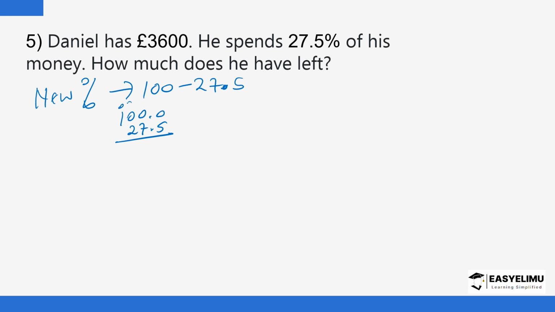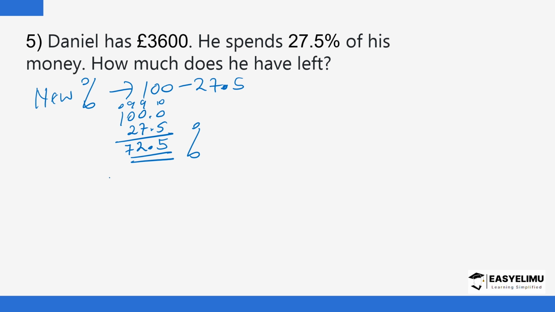So this becomes 0, 9, 9, 10 minus 5 is 5. 9 minus 7 is 2. And then we have 9 minus 2 here is 7. So 72.5%.